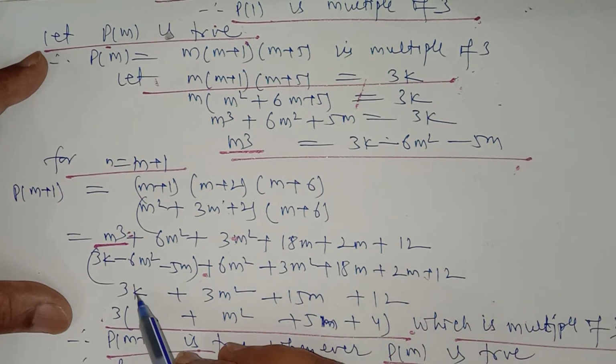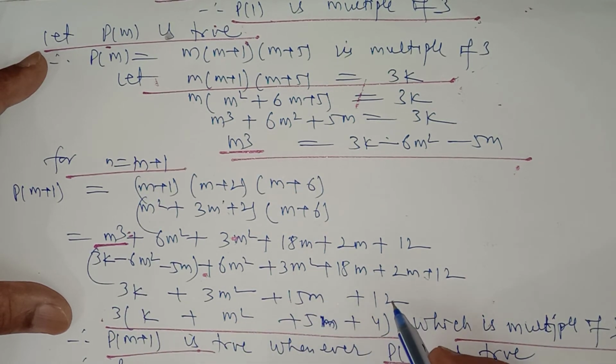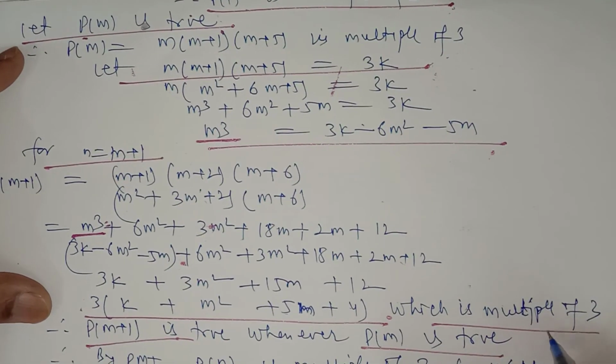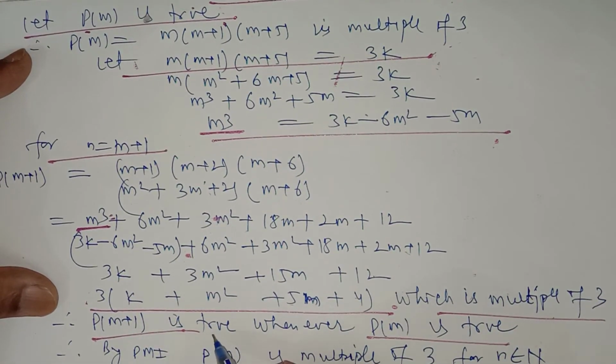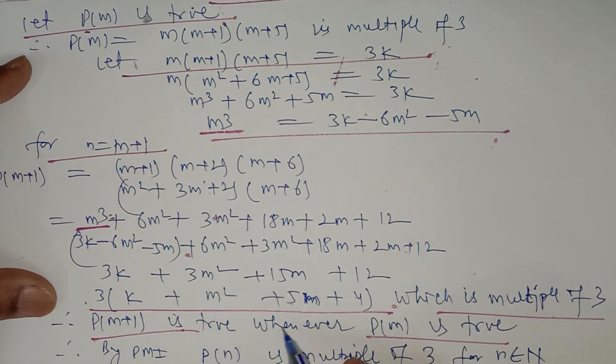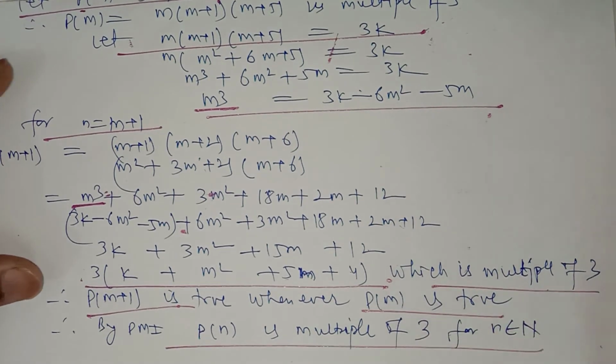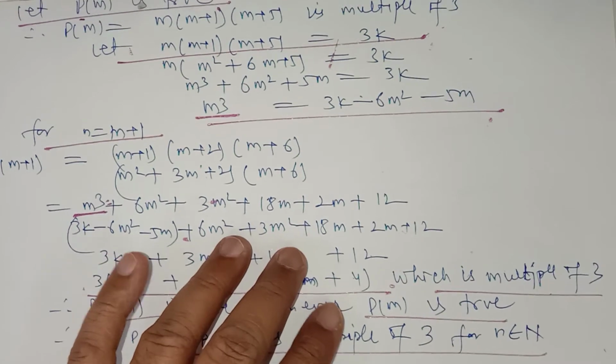See it carefully: 3 into k minus m square plus 5m plus 4, which is a multiple of 3, which is Pm plus 1. It means Pm plus 1 is a multiple of 3, that is, Pm plus 1 is true whenever Pm is true. So therefore by PMI, Pn is a multiple of 3 for all natural numbers.